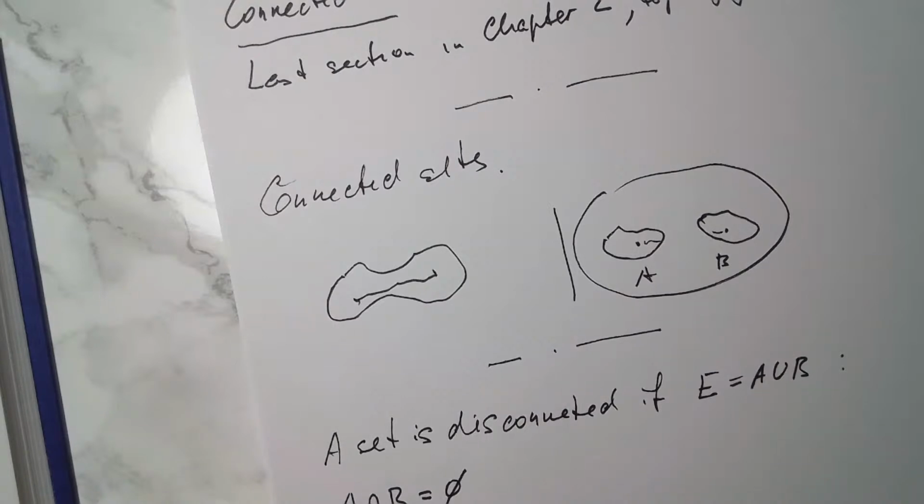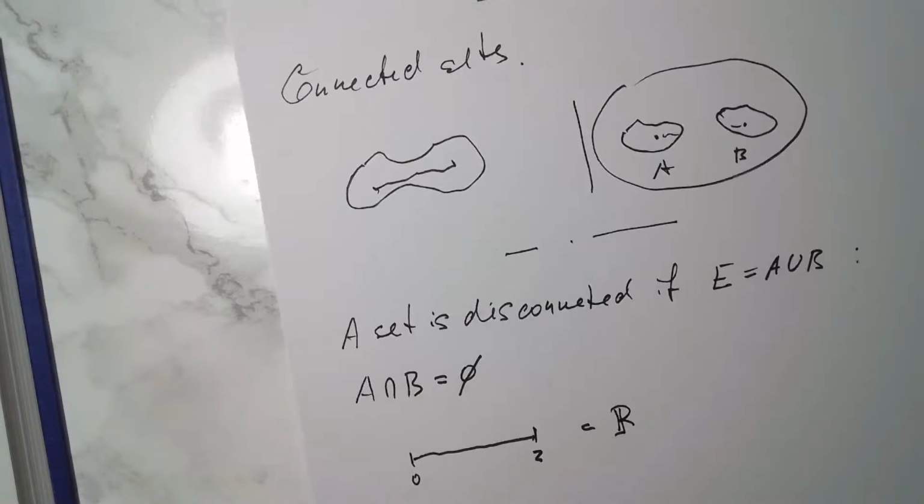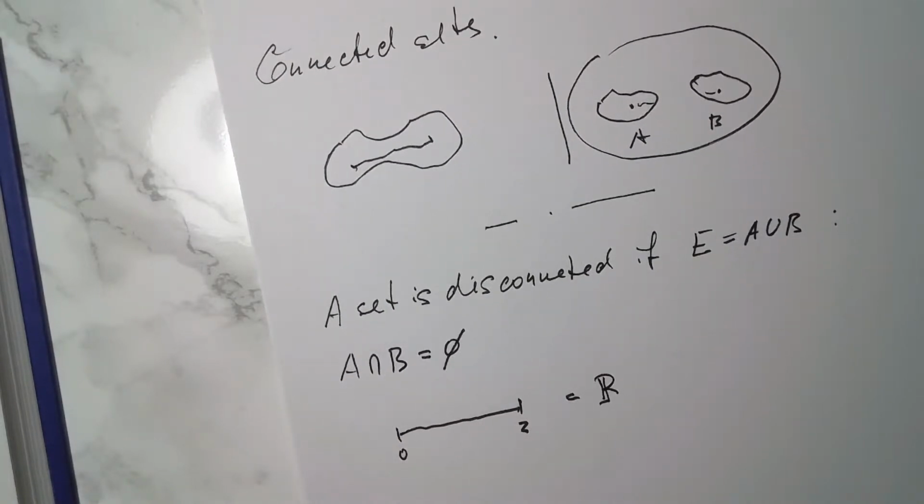So, for instance, if I take an interval, I don't know, 0, 2, so this is a subset of R. I hope you all will agree with me that this set is connected.